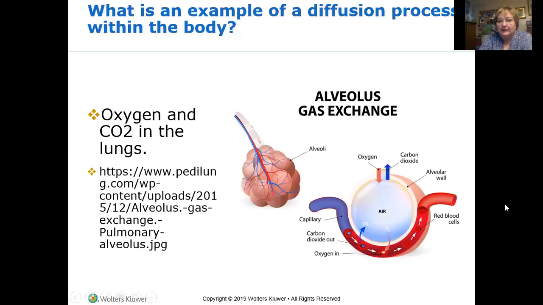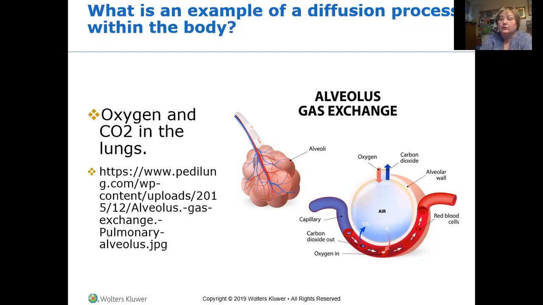So what is an example of diffusion in the body? A very good example of diffusion is within the lungs, especially within the alveoli, with gas exchange. We're taking in a good breath of air, and one of the things in that air is oxygen.